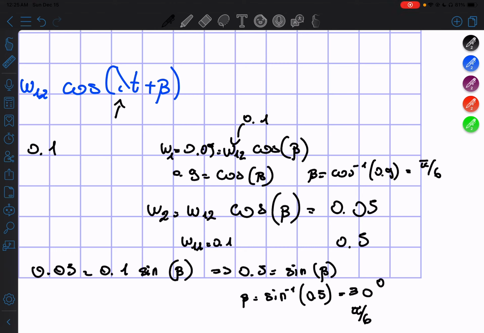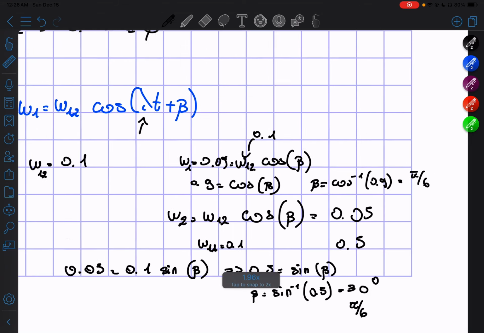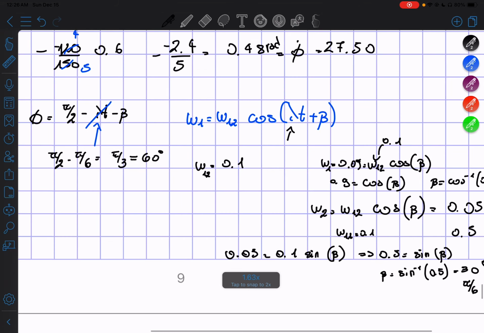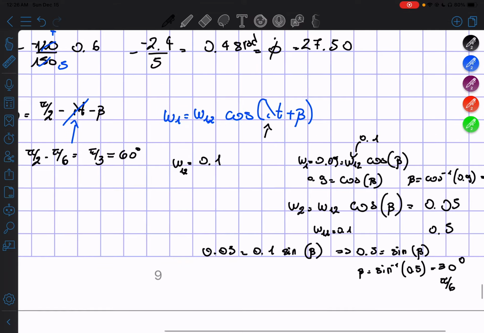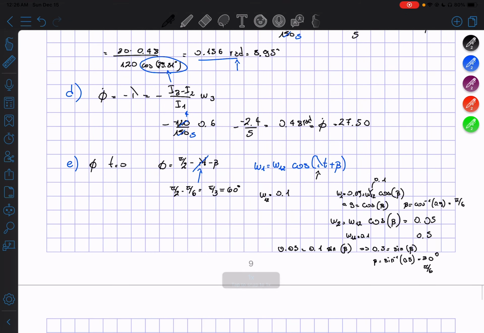I can plug in just to make sure. 0.9 gives 25 degrees. I can convert it to radians, so divided by 180 times pi is equal to 0.45. Yes. And that's the end of this problem.